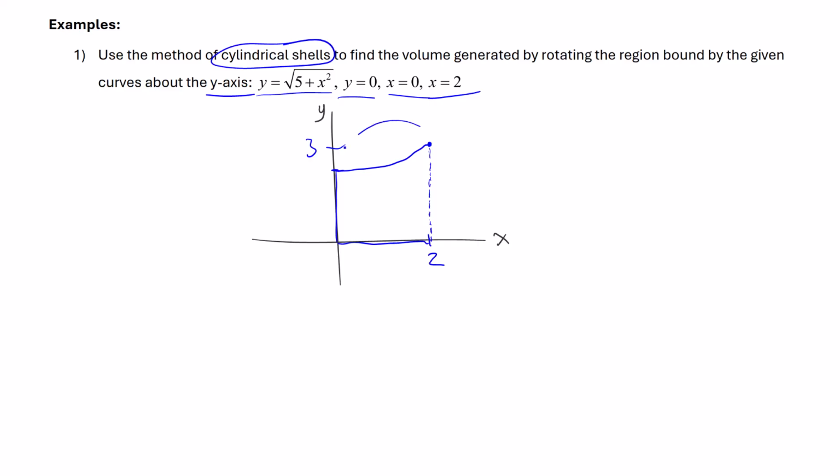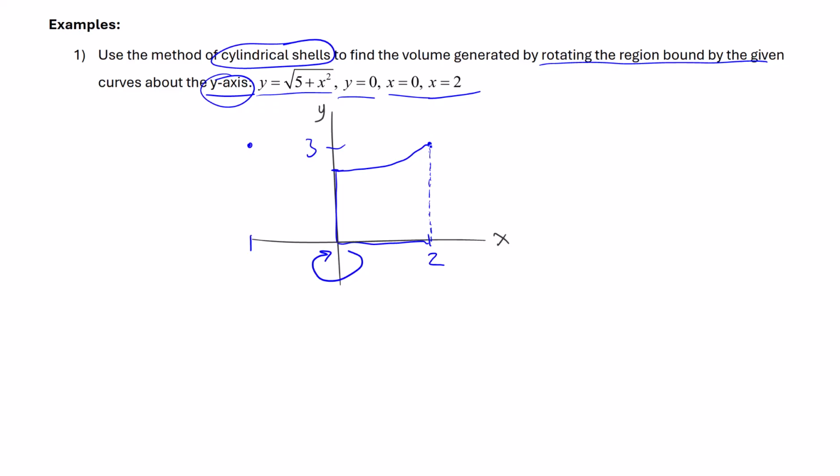And this region is going to be rotated about the y-axis, rotating the region bound by the given curves. So I'm going to take this region and rotate it about the y-axis. When we do that, notice what would happen: if I go to the point 2 comma 3 and rotate that around, then symmetrically it'd end up at negative 2 comma 3 as well.